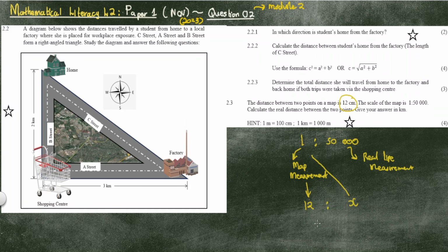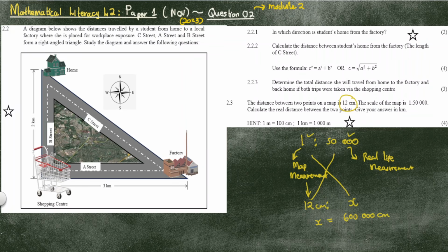Then we cross multiply: 1 times X is X, equal to 12 times 50,000, which is 600,000 centimeters, because the only unit of measure we have is centimeters. The scale has no units.